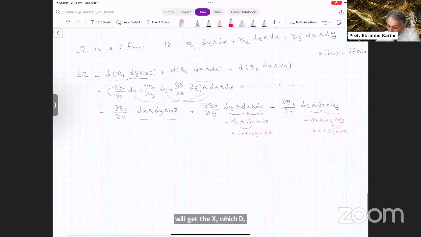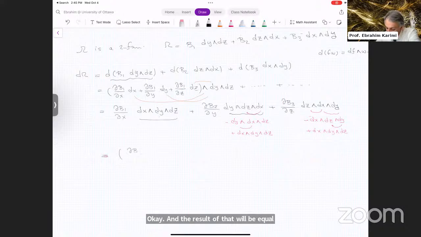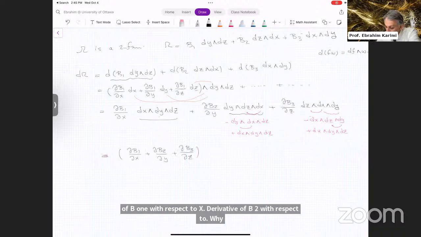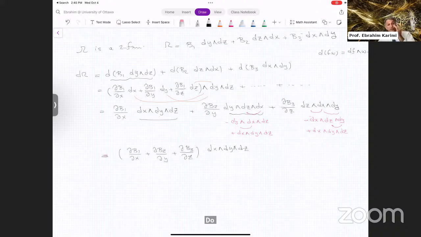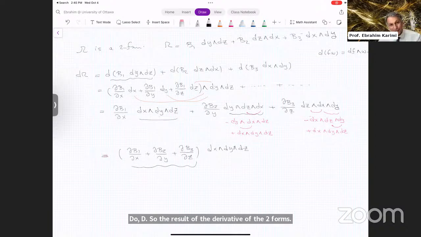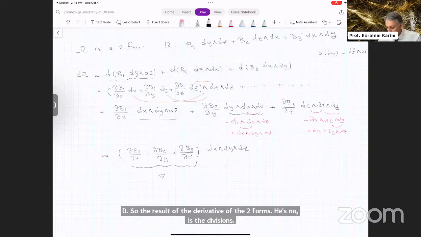The result will be the derivative of B1 with respect to x, plus the derivative of B2 with respect to y, plus the derivative of B3 with respect to z, and then finally dx dy dz. So the result of the derivative of the two form is the divergence, the divergence of B.